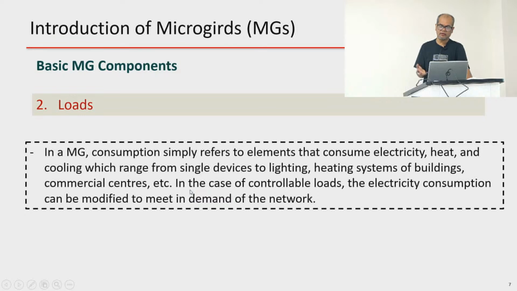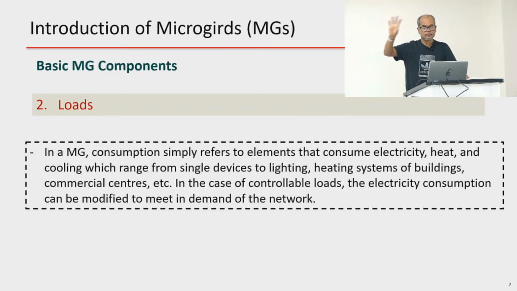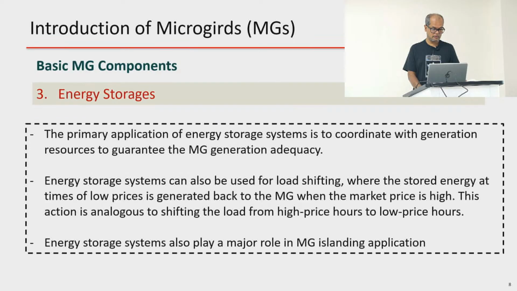In terms of load, we might have the usual appliance loads if it is a community microgrid, but if it is another form of microgrid, you could have industrial and commercial loads as well. It's also becoming quite common that the electric vehicle is a new type of load. And if we use a green hydrogen system, then definitely the electrolyzer is also a new type of load in the microgrid.